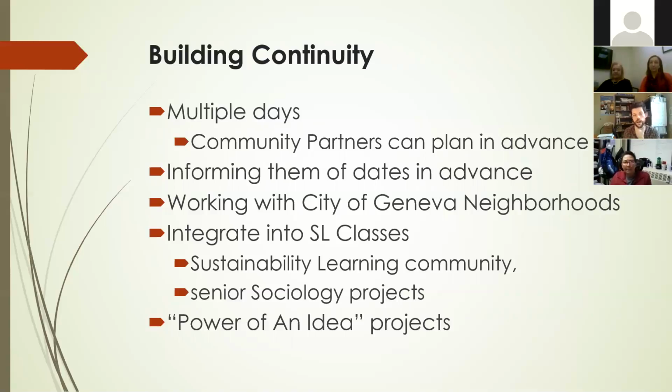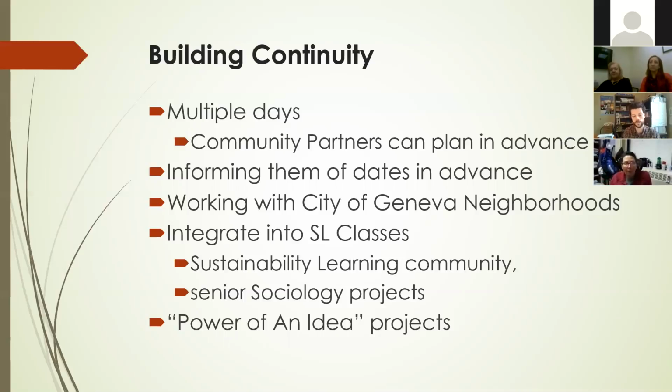Another thing that's been really helpful is the city of Geneva, which is a small city of 13,000. About 6 or 7 years ago, they reorganized the city into 11 different neighborhoods, and they've built up volunteer leadership within those neighborhoods to form neighborhood associations.